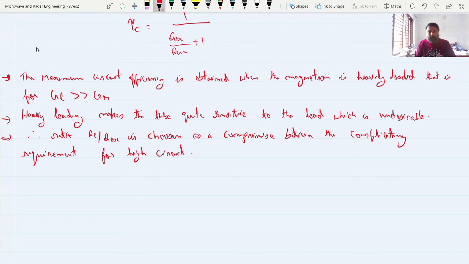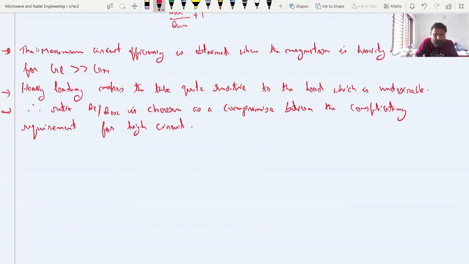Okay. Now we can define the electron efficiency. The electron efficiency is defined as eta E is nothing but Pgen divided by PDC, where Pgen is the RF power induced into the anode circuit, the generated power, and PDC is nothing but V naught into I naught, the power from the DC power supply.